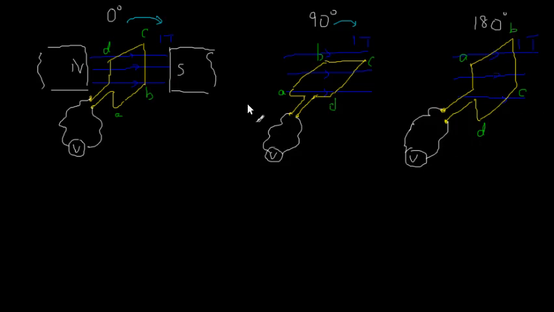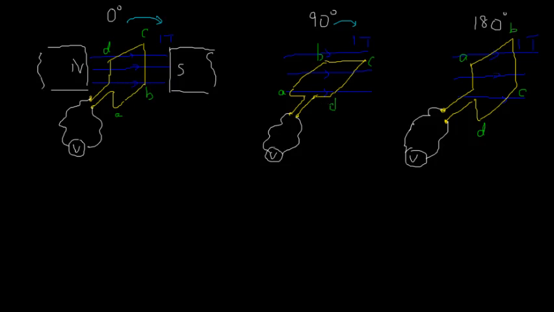Now what I'm going to do is think about how the current flows as I rotate from here to here. How does the current flow? We know that there's a change in flux from here to here.